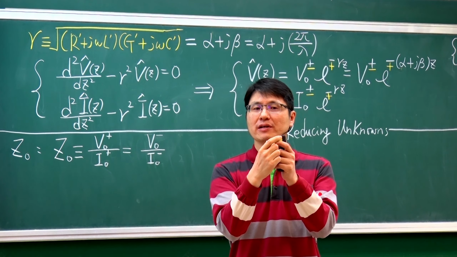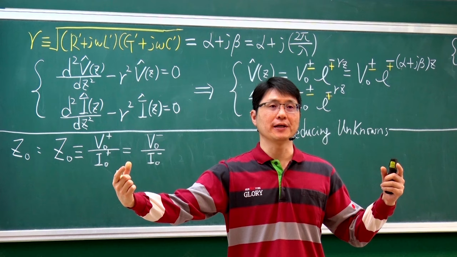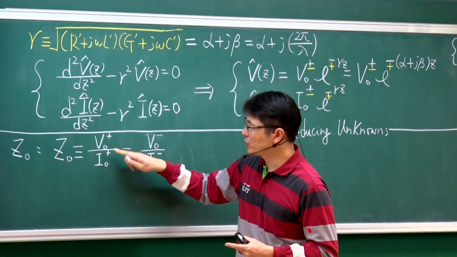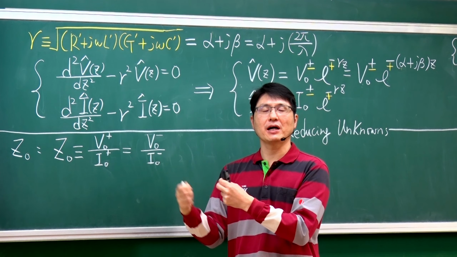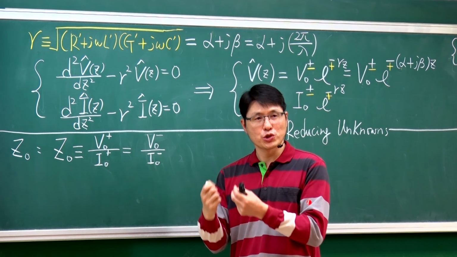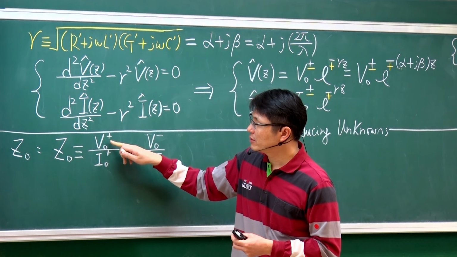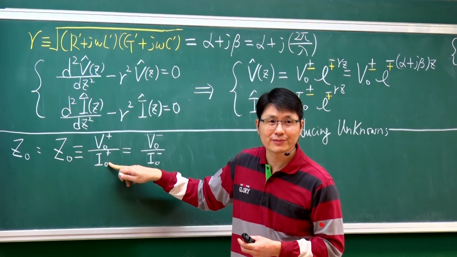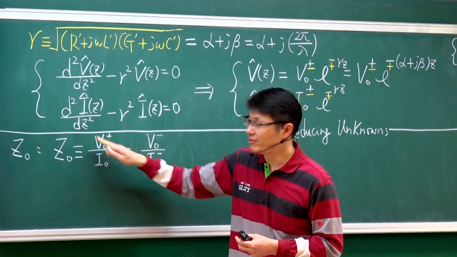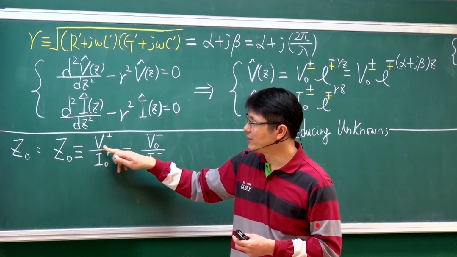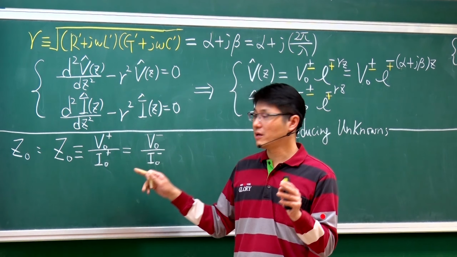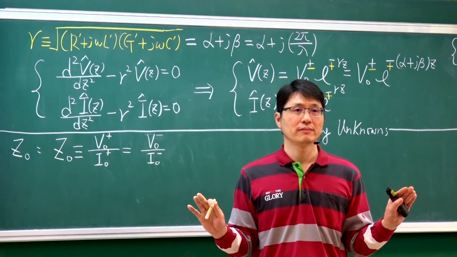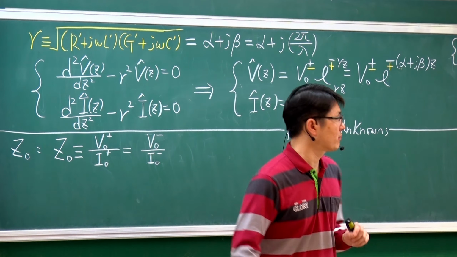Once you have a defined transmission line, it already satisfies voltage and current obeying some specific value, then you don't really view this as a new variable, right? If this is true, you only have V0 plus and V0 minus. I0 plus, I0 minus are actually known. Right? So that's the thinking.